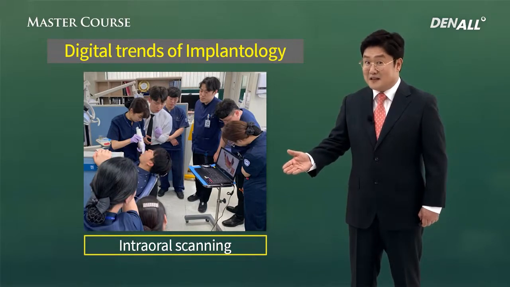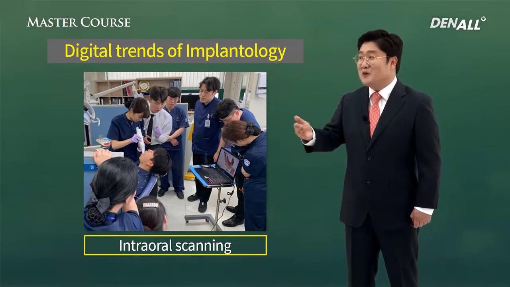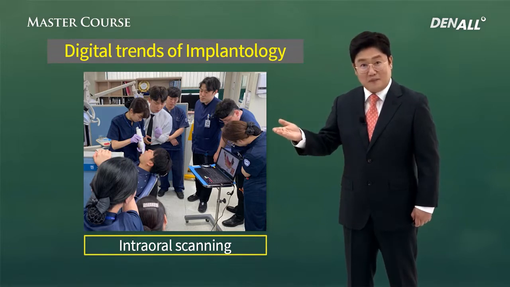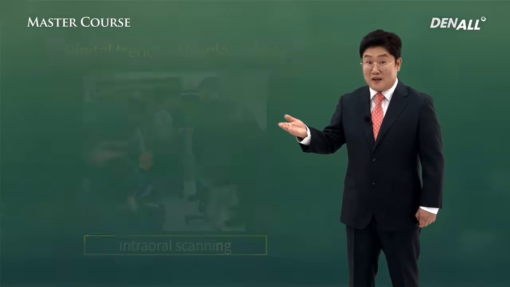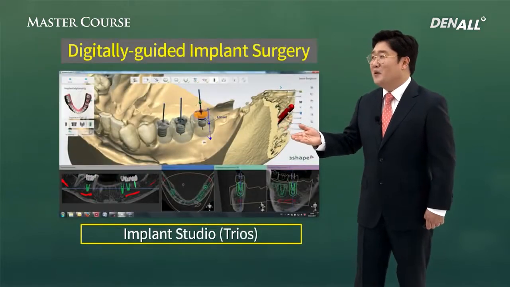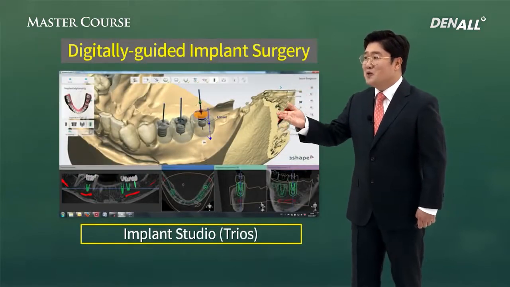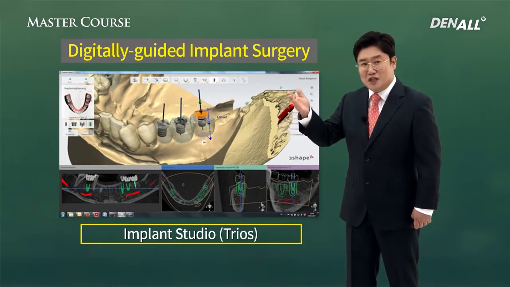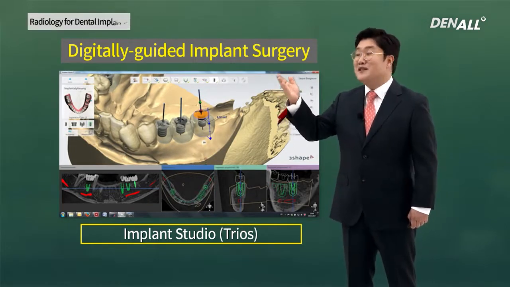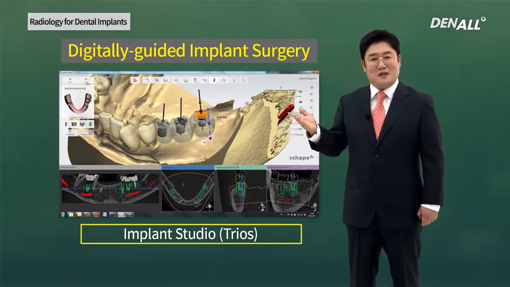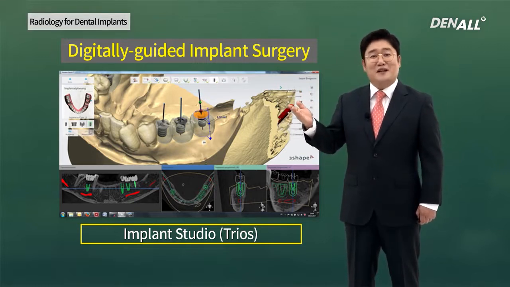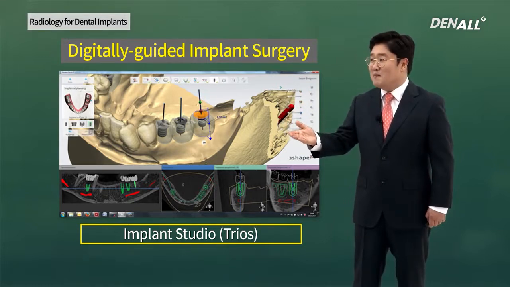Intraoral scanning is done to acquire information of the oral situation. The information can be put together. Three-dimensional, more accurate information can be used for digitally guided implant surgery. There are programs to plan for such surgery.